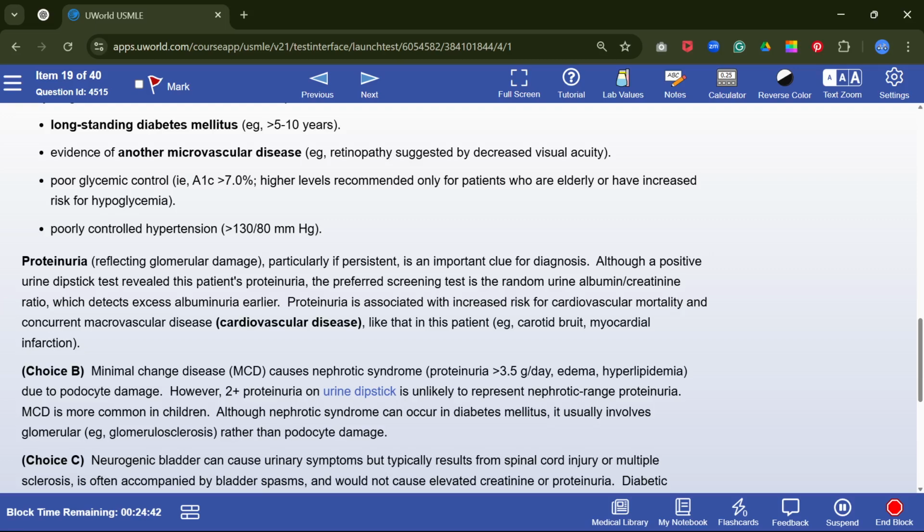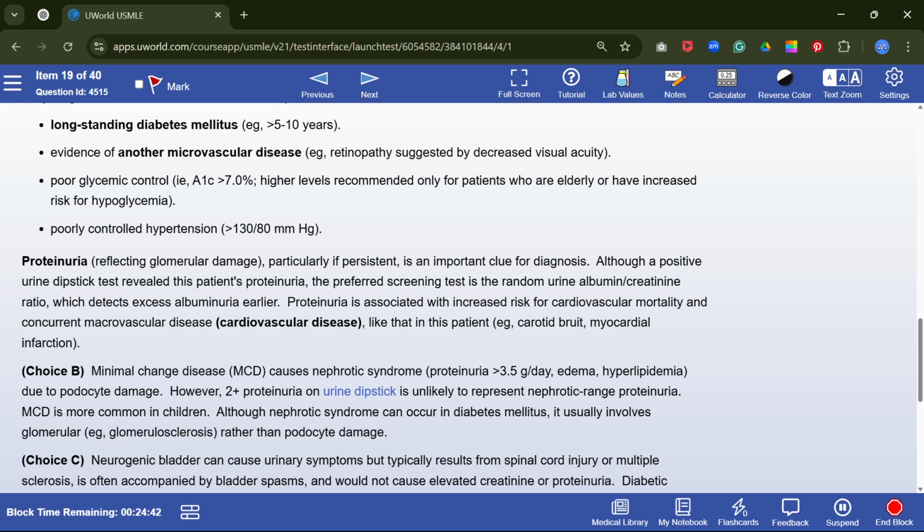A higher level is recommended only for patients who are elderly and have increased risk for hypoglycemia. Another risk factor is poorly controlled hypertension, above 130/80. Proteinuria, particularly if persistent, is an important clue for diagnosis, although a positive urine dipstick test reveals only some patients' proteinuria.